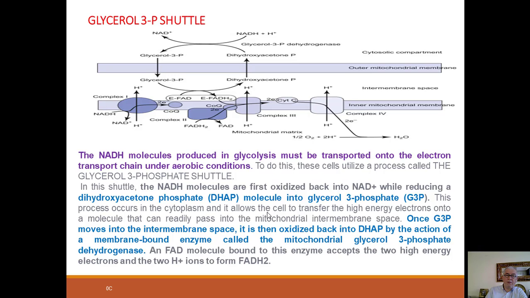starting or entering the electron transport chain at complex 1, but in this case these electrons enter the electron transport chain directly at the ubiquinone system, and it can cause some problems for ATP synthesis, because we cannot use the first enzyme system, complex 1, and we cannot pass protons from the matrix to the intermembrane space.